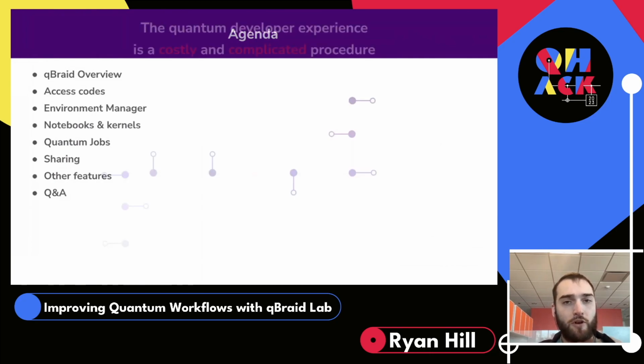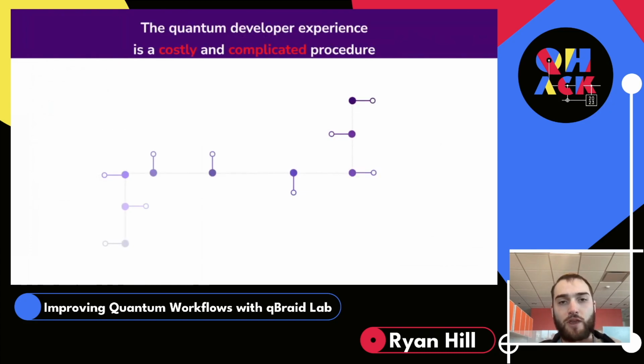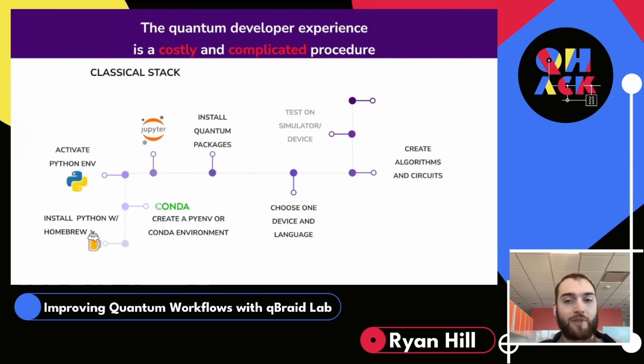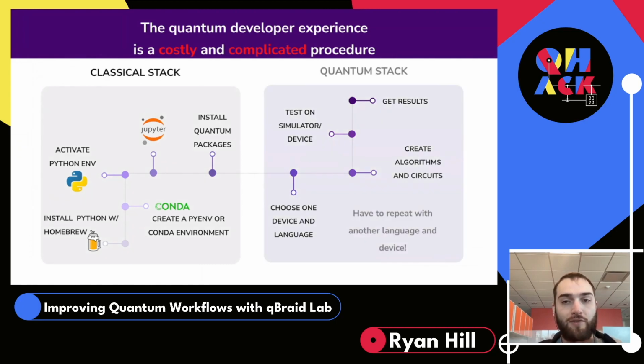So here at qBraid, we realized that the setup and installation procedures that are associated with getting started in quantum computing often have nothing to do with the quantum portion of quantum software development.